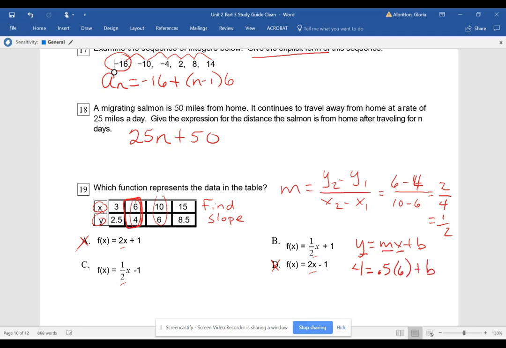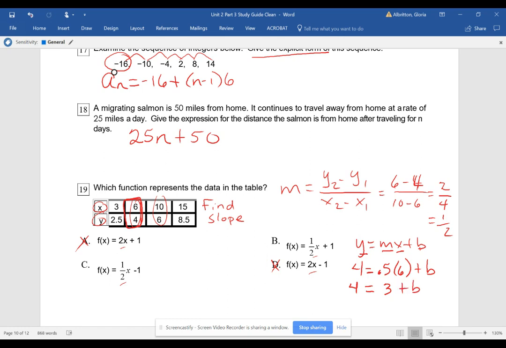Now I need to solve for b. That means 4 is equal to 6 times 0.5, which is 3, because remember, 0.5 was 1/2. So half of 6 is 3. Plus b.